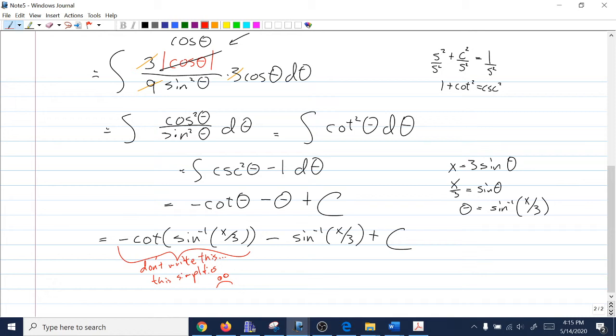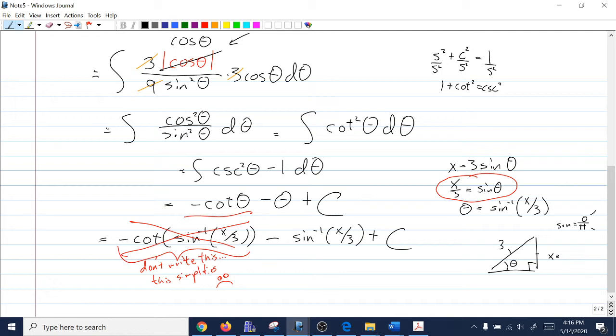And I think the way you do it is you write a reference triangle. Instead of ever writing this down, to find cotangent theta, you go to here and you write a reference triangle. I want to imagine a right triangle, like SOHCAHTOA sense, where sine theta, sine is opposite over hypotenuse, needs to be x over 3, so I'm going to rig up my triangle so that opposite over hypotenuse is x over 3.